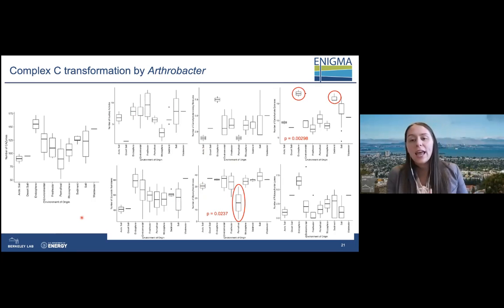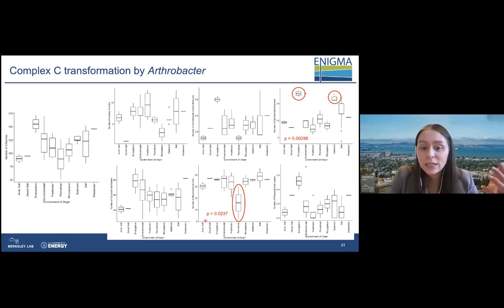And these two, the carbohydrate esterases and the glycosyl transferases, did show significant differences among the groups, right? And so in the glycosyl transferases down here, it's pretty notable that the permafrost organisms have significantly lower numbers of glycosyl transferases, whereas with the carbohydrate esterases, we see those significant differences in the number of CE enzymes that the endosphere isolates had, and also our terrestrial sediment guys.